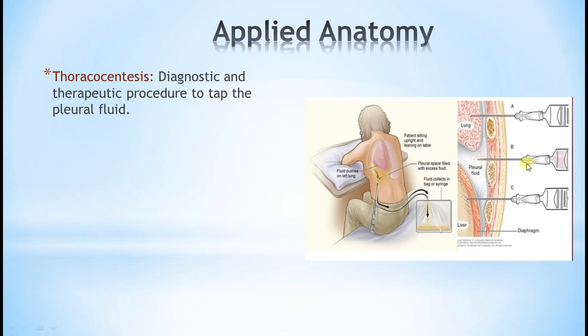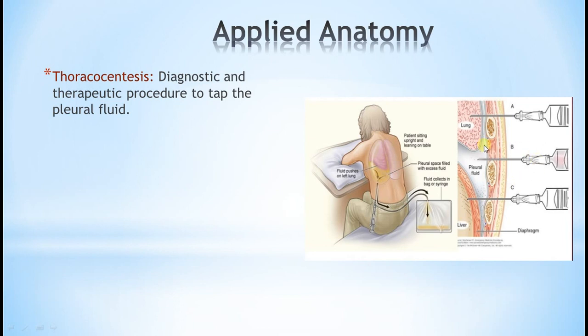First you insert a needle through the skin, superficial fascia, deep fascia, then external intercostal, internal intercostal, innermost intercostal, followed by the internal thoracic fascia, then the parietal pleura. So this, B, is the correct site where it has to be done. Above you go, below you go.